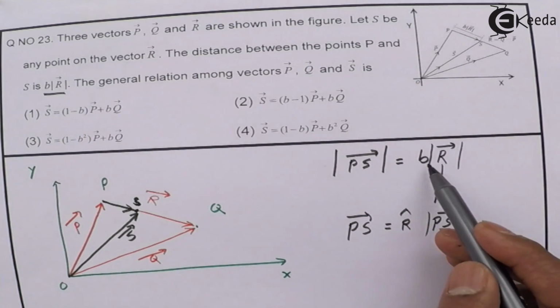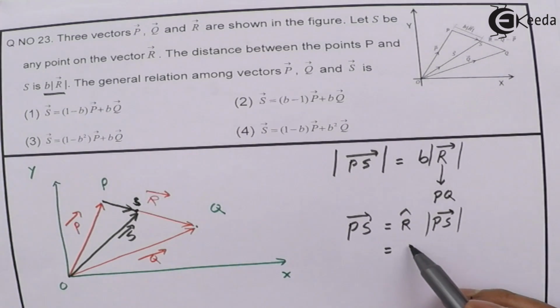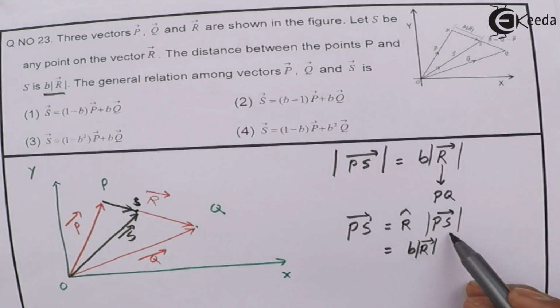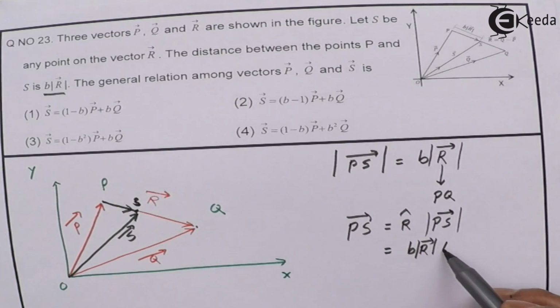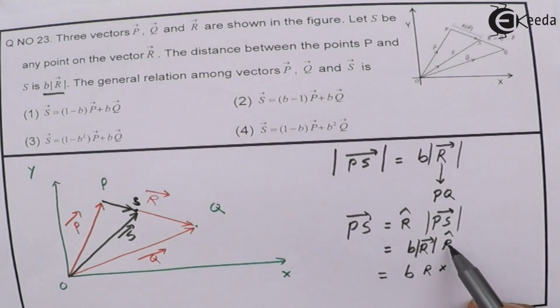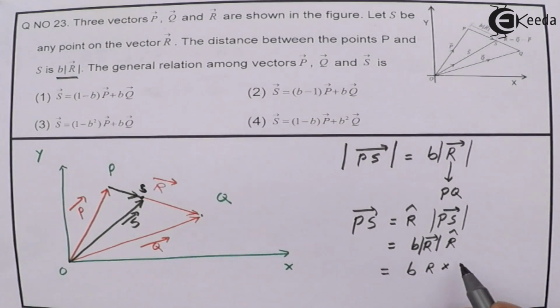PS mod is B times the magnitude of R, which is the magnitude of PS, and this R cap. Now this can be written as B times the magnitude of the R vector, that is R, into R cap.